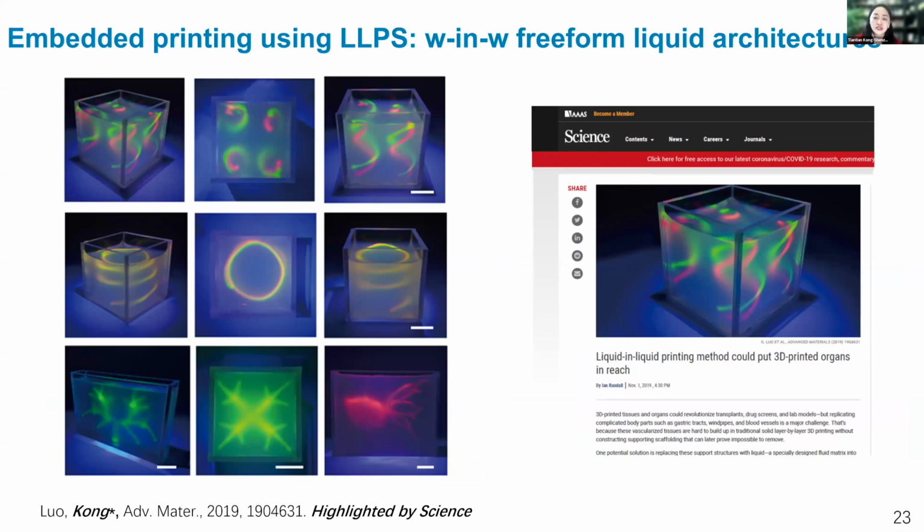And using this strategy, we can form free-form all-aqueous 3D structures, all in a water environment. Because low viscosity inks are used, it is very gentle on cells. If we place living cells in either the ink or the matrix, we can compartmentalize different cell types and nutrients within the same printed constructs.